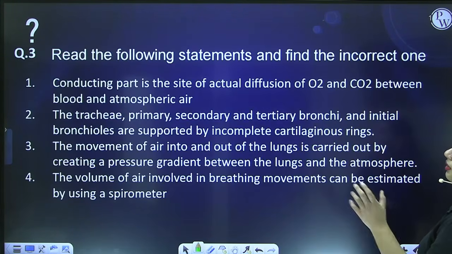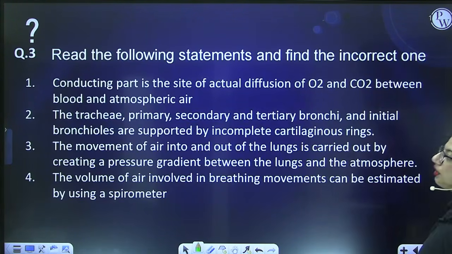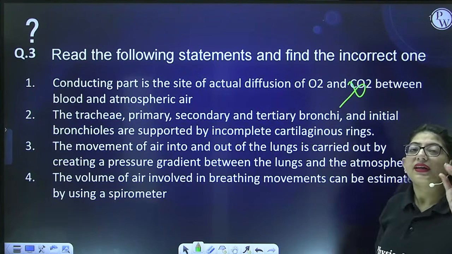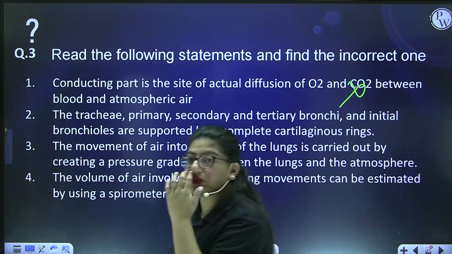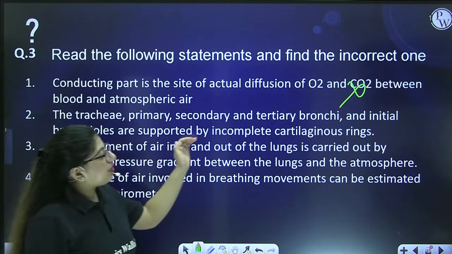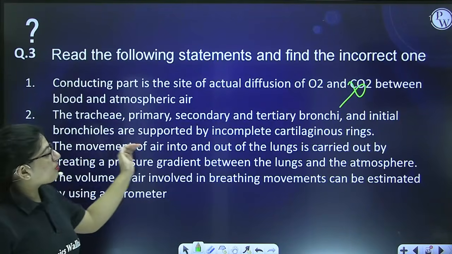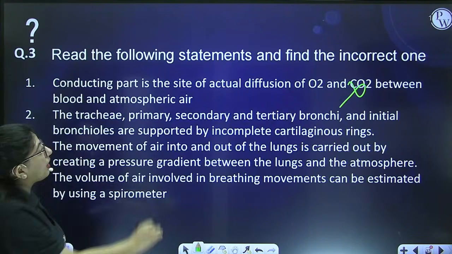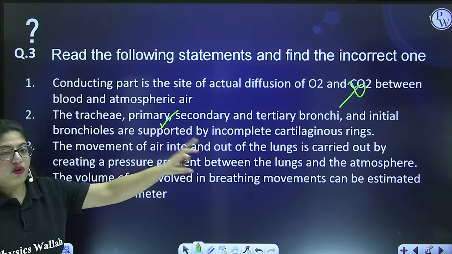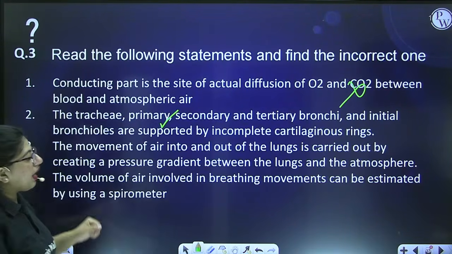Next, read the following statements and find the incorrect one. Conducting part is the site of actual diffusion of oxygen and CO2 between blood and atmosphere. No, that's a function of the respiratory portion. Second, the trachea, primary, secondary and tertiary bronchi and initial bronchioles are supported by incomplete cartilaginous rings. Very true, because from trachea to initial bronchioles we have cartilaginous rings and they are incomplete.